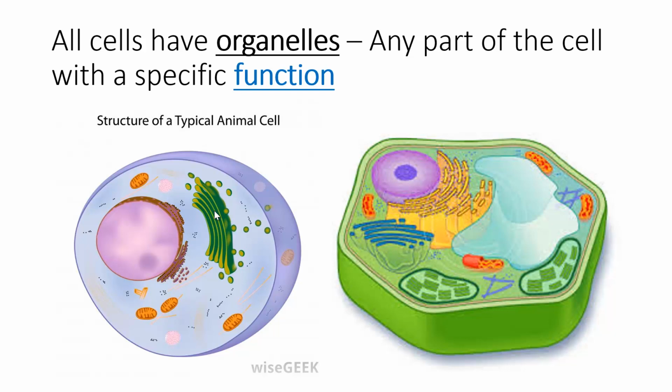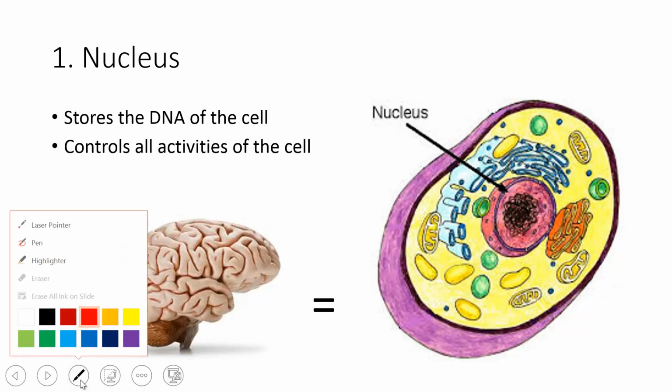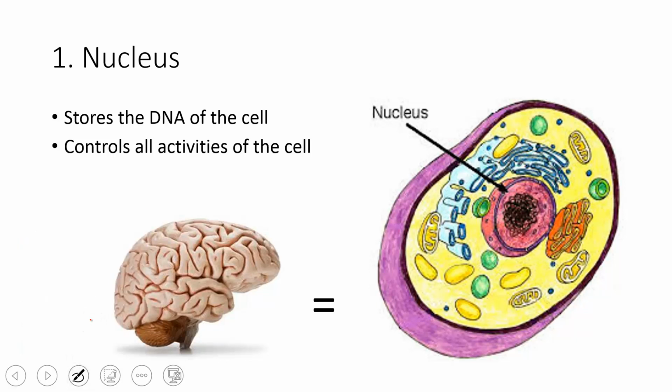So we're going to study 5 of the organelles today. The first is the nucleus. The nucleus stores the DNA of the cell. It controls all the activities of the cell, and it's usually one of the largest of the organelles that you see. So this portion here is the nucleus.